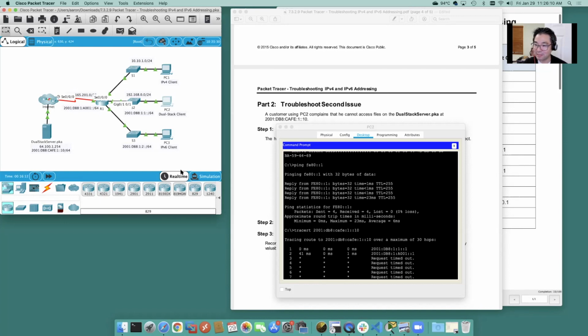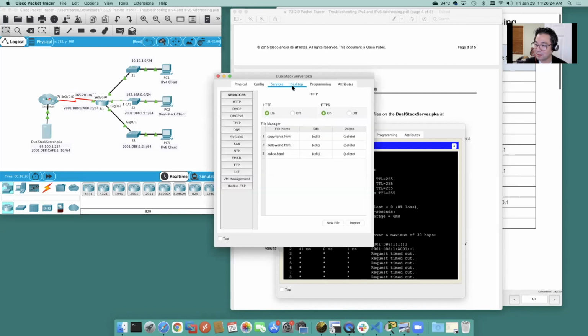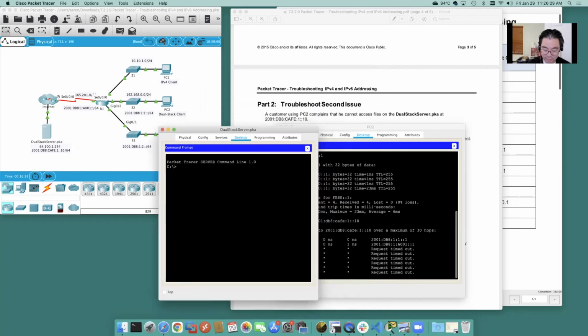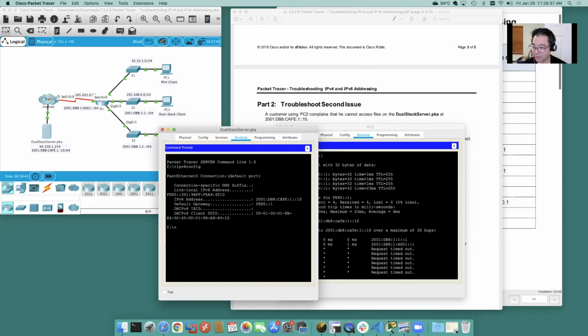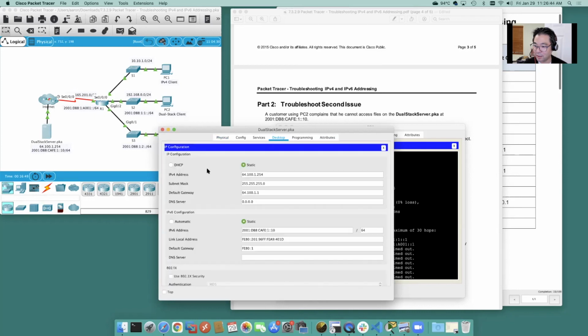Could be routing, right? Could be the default gateway maybe on this side. Okay, so check that out. Its default gateway is FE81. What should it be?